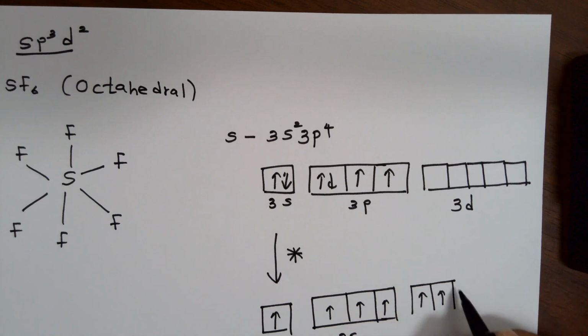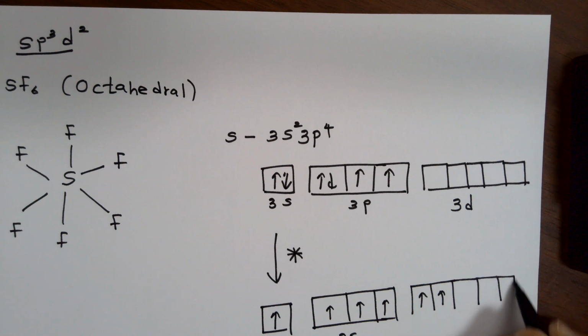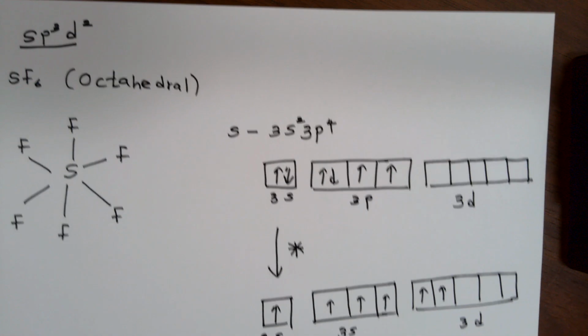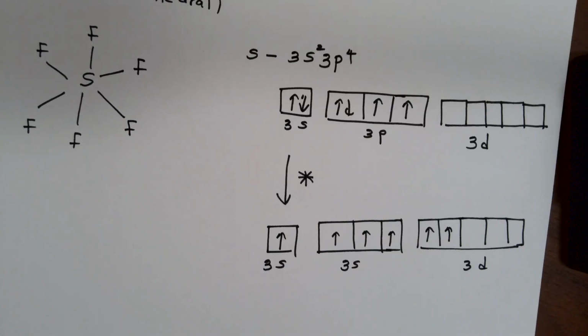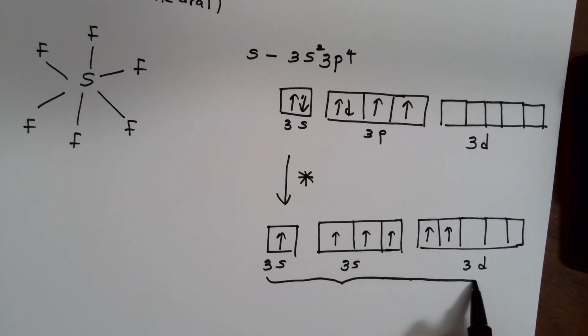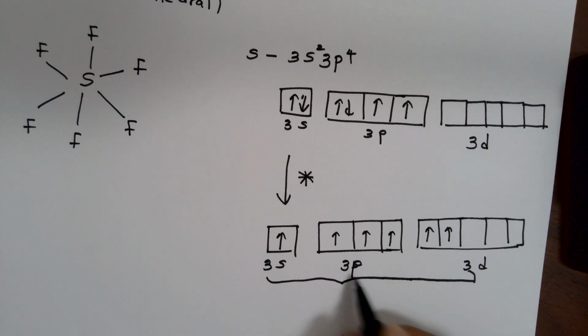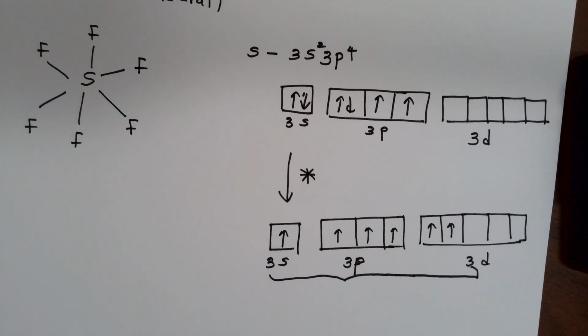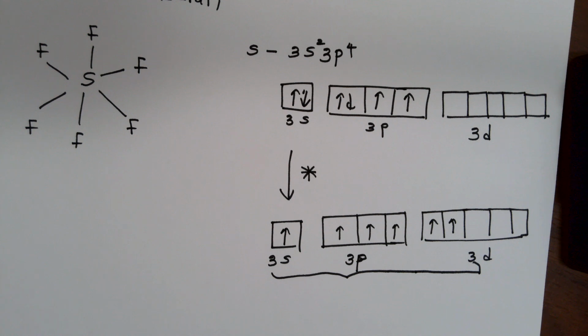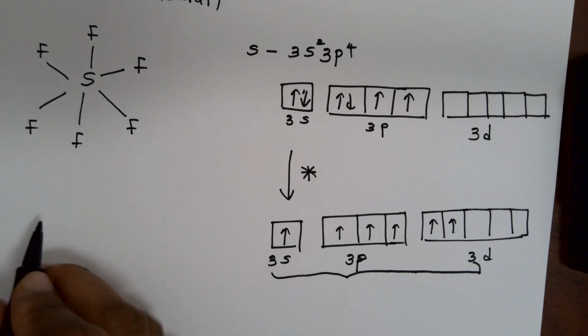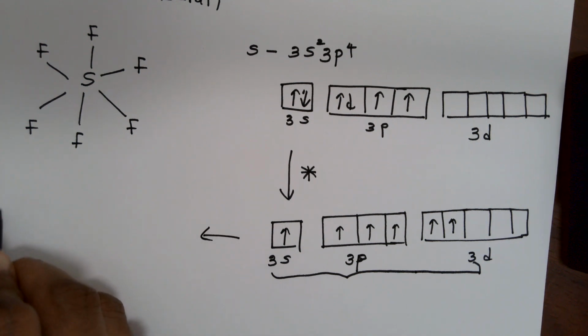Now there are 2 electrons in the d orbitals like this. Right. Now we have 6 singly occupied electrons, 1 2 3 4 5 6. So these 6 electrons in 1 s, 3 p and 2 d orbitals we mix together to make 6 hybridized orbitals.